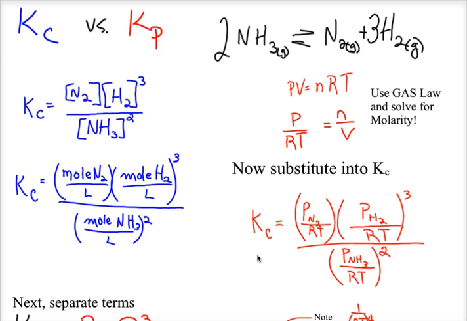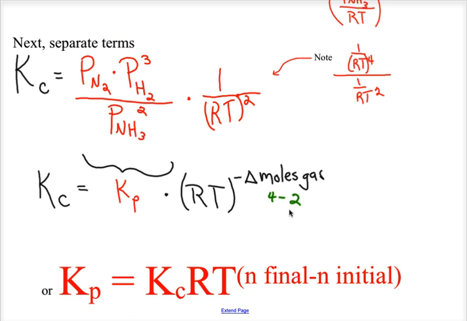So since we had 4 moles of gaseous products minus reactants, that's the equation. I like non-negative numbers, so I have it written Kp equals Kc times RT to the power of the change in the number of moles, final minus initial.